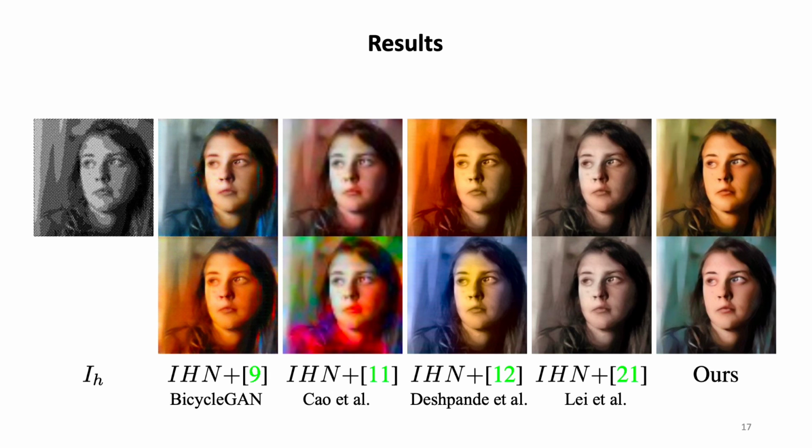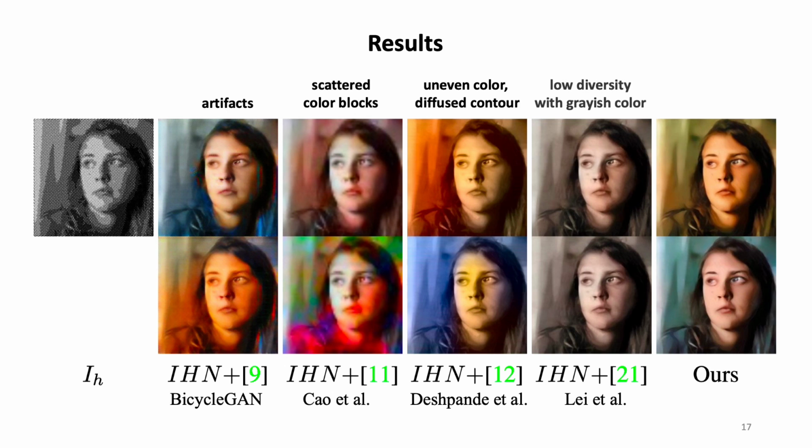We observe that these baselines produce artifacts, scattered color blocks, uneven color and diffuse contour, and low diversity with grayish color. In comparison, our proposed method outperforms these baselines to produce both diverse and realistic results of inverse halftone colorization.